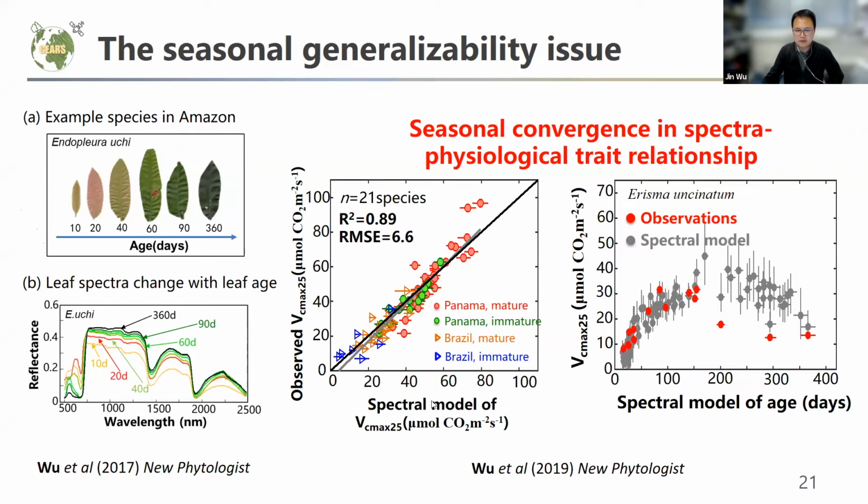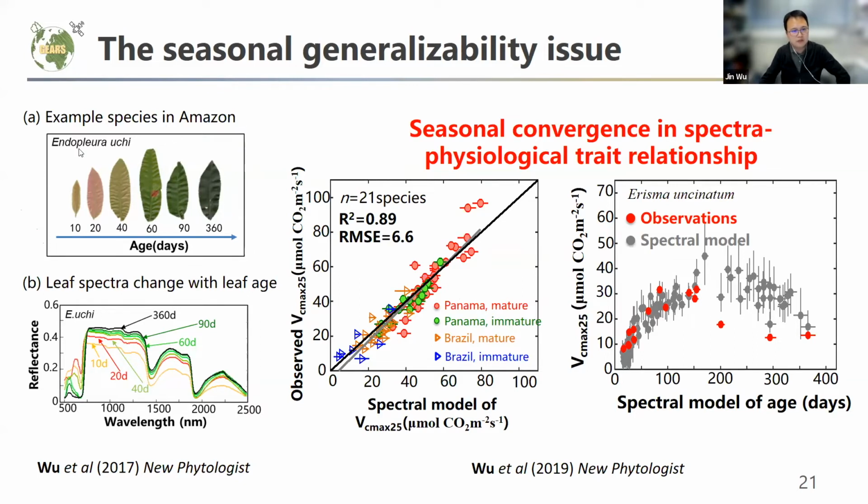On the middle panel, using the spectral data we collected not only in the Brazilian Amazon but also in Panama, we later found that we can develop a single spectral model that can capture all the variability of the leaf mass, no matter whether it was induced by different forest sites, which represent slight variation in the growth environment, especially associated with soil properties, or by the age development process, like mature and immature.